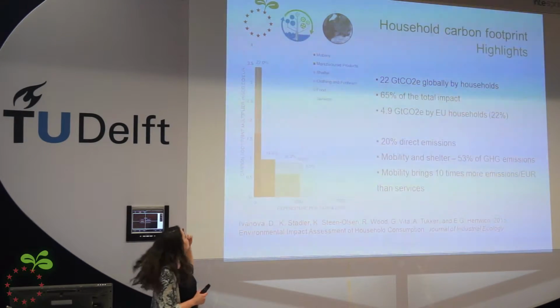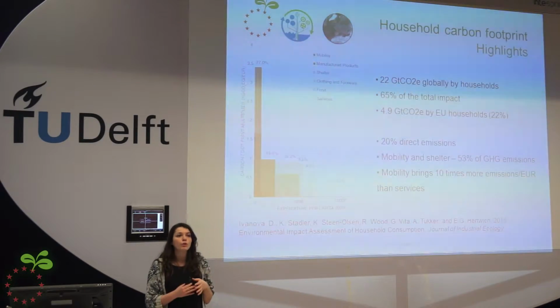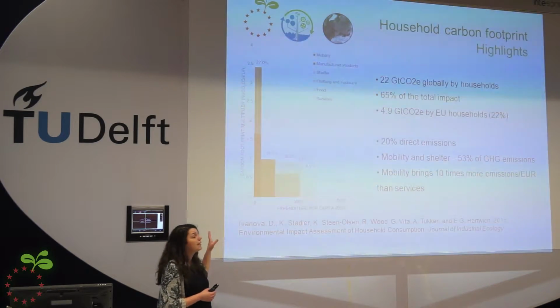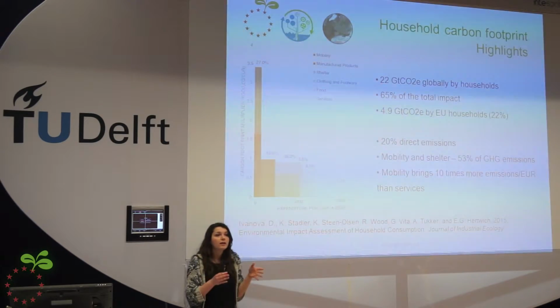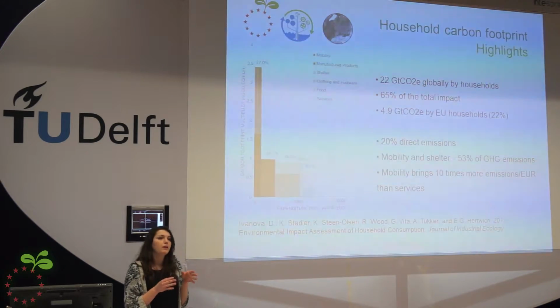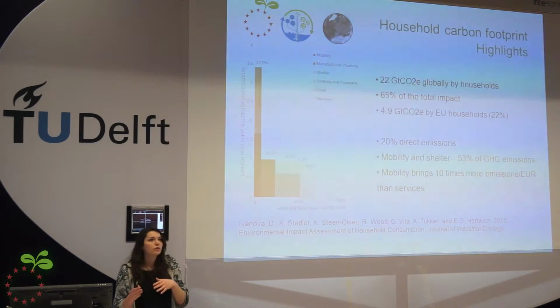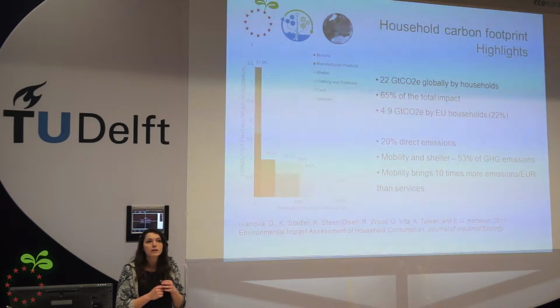So you could see that mobility, for example, is very emission intensive per euro of consumption, and it's more than 10 times more intensive than services. So if you take all your spending on mobility, driving, flying, etc., and instead you redirect it to low-intensive services, there would actually be a huge chunk of emissions that get reduced that way.